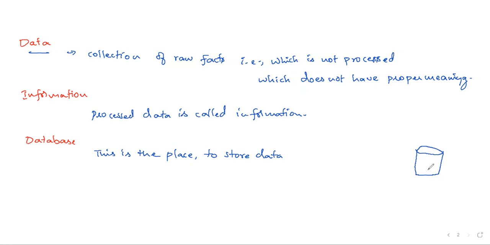Directly in the database, how are we going to store the data? Again, we'll be having tables here. In the form of tables only, we are going to store the data.